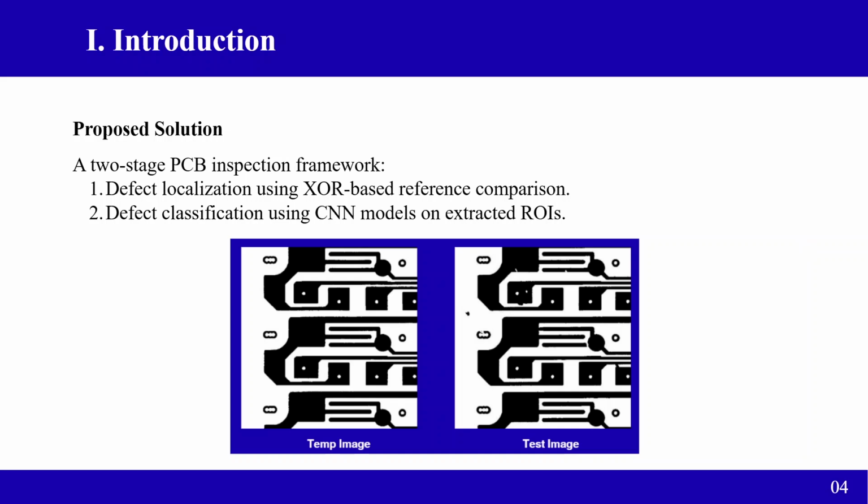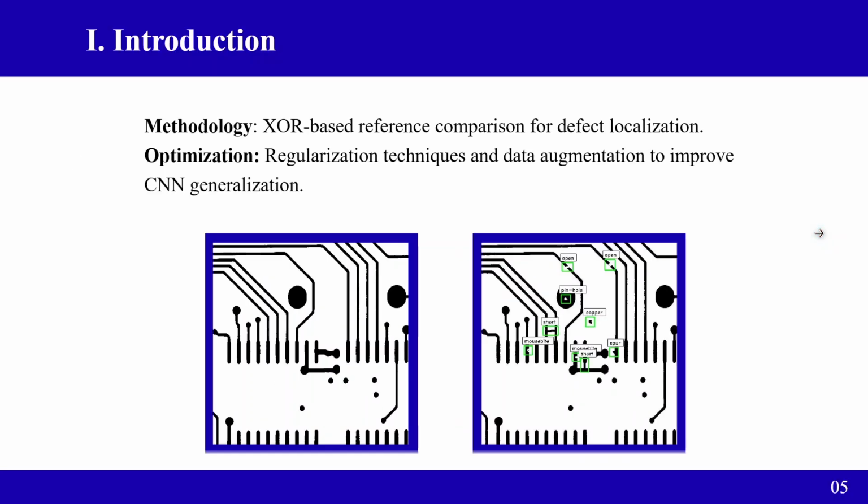This separation enables fast localization using classical image processing and accurate classification using deep learning on smaller ROIs. We use Xor-based localization to avoid full image deep learning detection. To improve CNN robustness, we apply regularization techniques such as L2 penalty, dropout, as well as ROI-level data augmentation.